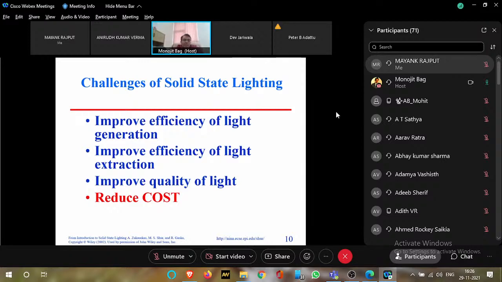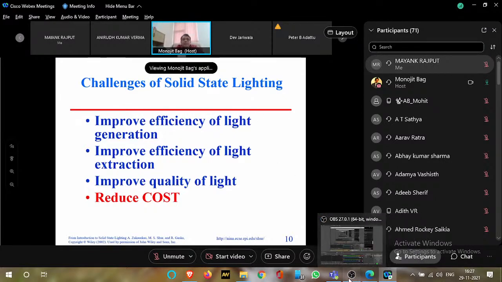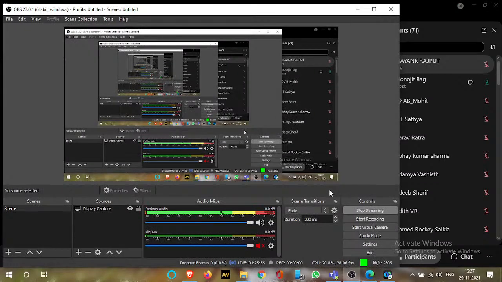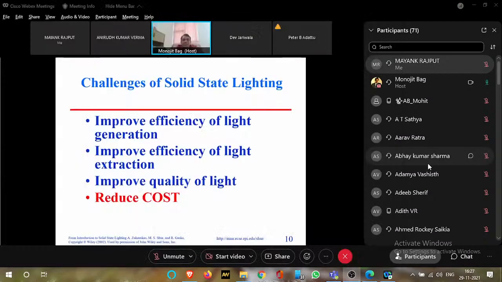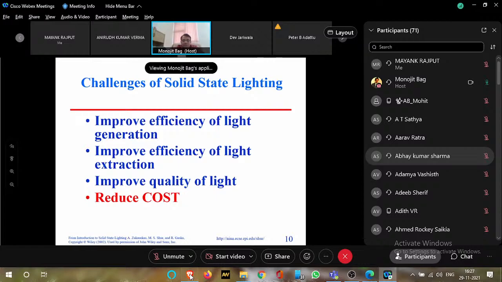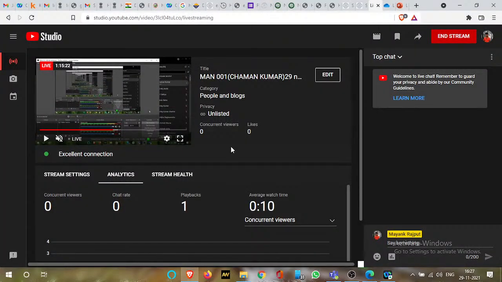You can make pixelated ones and arrange them, and that's what you can do. But nowadays there are technologies like organic LEDs or perovskite-based LEDs, which can be solution processed. You can make them on a large area substrate, and that is what the new technologies are bringing into the picture.